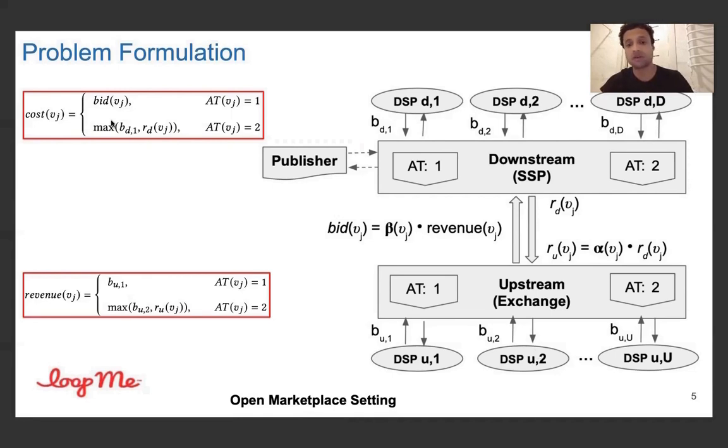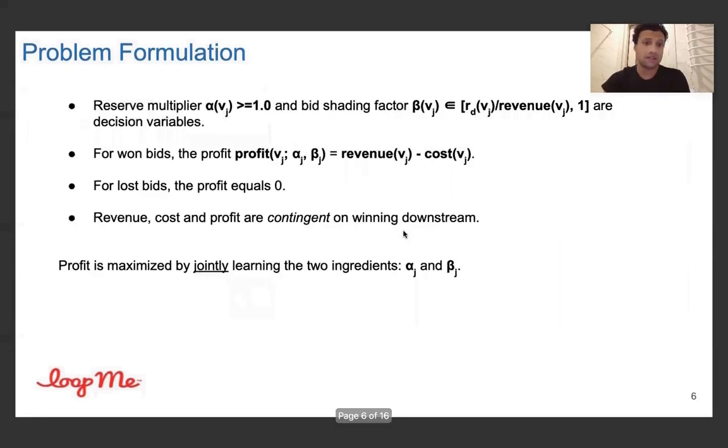The profit is maximized by extending the original reserve price of the SSP by a linear multiplier alpha, and then bidding downstream by decreasing the revenue of the upstream auction by a bid shedding factor beta. Alpha is greater than or equal to 1 and the bid shedding factor beta is between 0 and 1, because the exchange cannot bid more than its valuation and cannot bid less than the SSP reserve price.